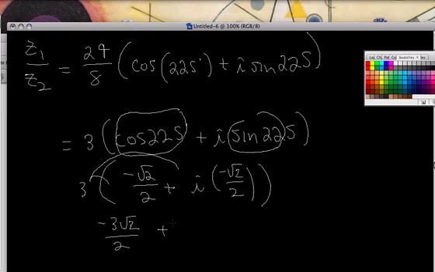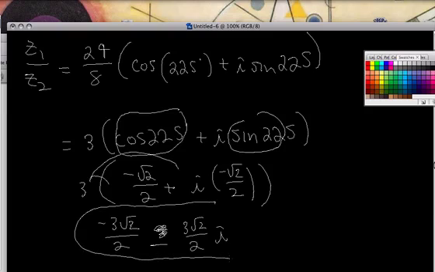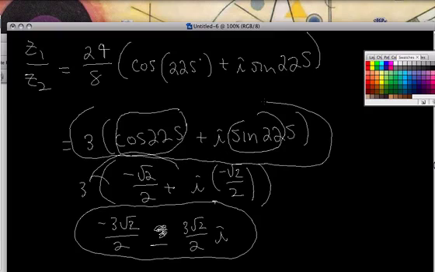So instead of plus and negative, we can write that as just minus 3 root 2 over 2 I. So there's our quotient in both trigonometric form and in standard form.